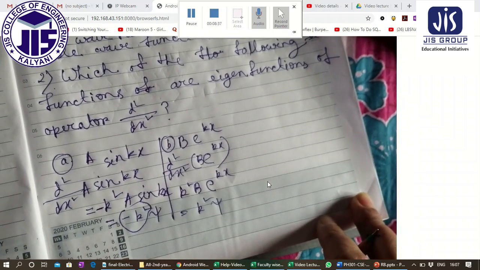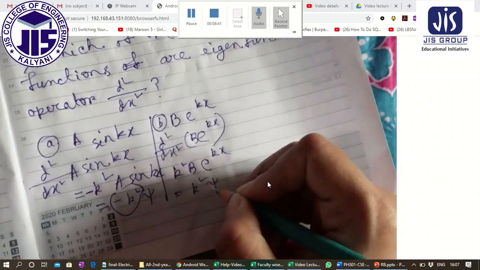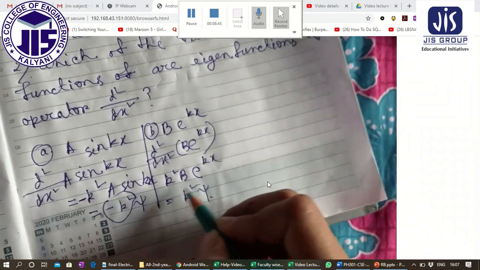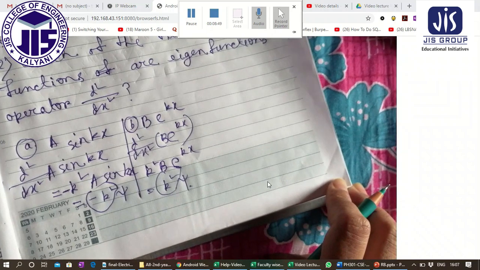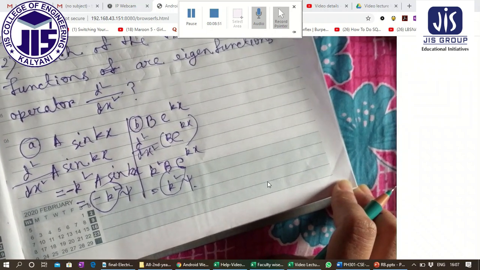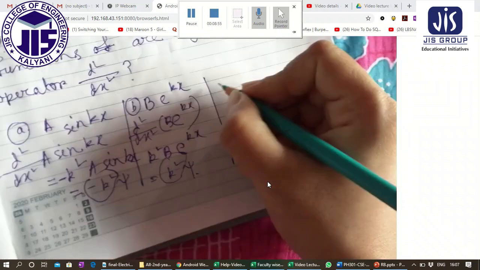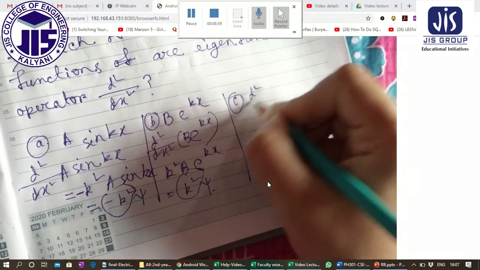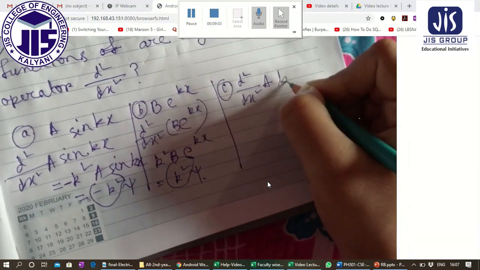After the operation, again we are getting the psi wave function with some eigenvalue, that is k square. Very simple.